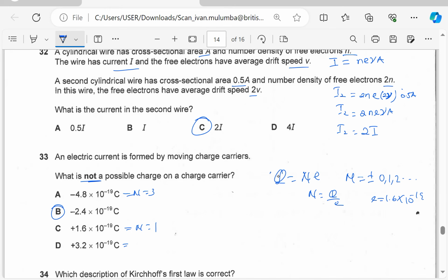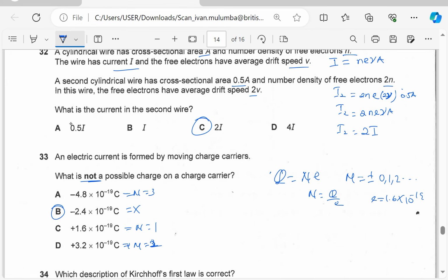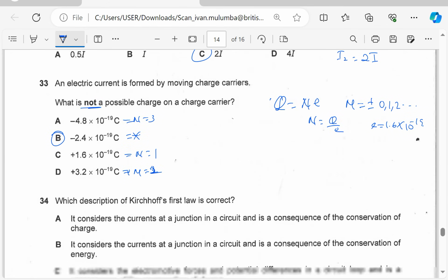And here N equals 3.2 divided by 1.6, which is 2. But this one, 2.4 divided by 1.6 is 1.5. It's not a whole number, so this one is not a possible charge. Charge is a whole number times the elementary charge.